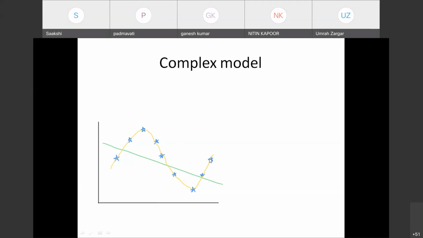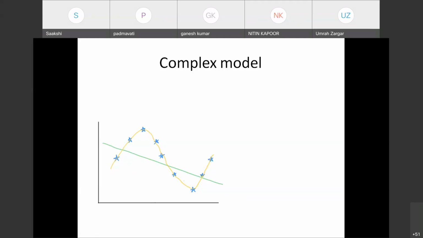This is why it is able to give good accuracy, no error rate at all, because this particular model has tried to cover all the data points.